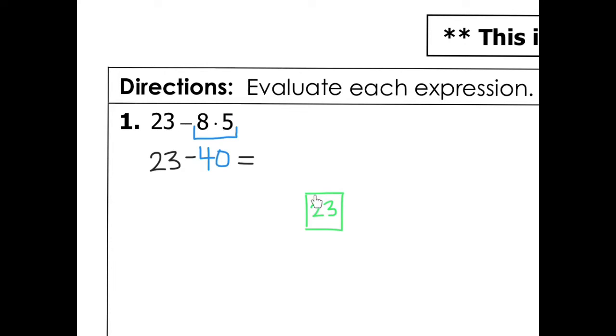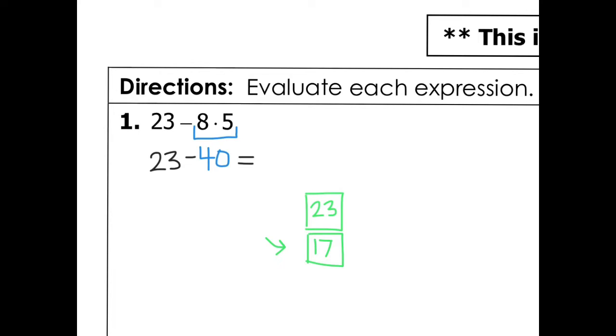I don't have enough positives here to take away 40. What I'm going to have to do is bring in enough positives that I can follow the directions I've been given and take away 40. I can take away 23, but if I want to take away 40, I'm going to have to add in another 17.